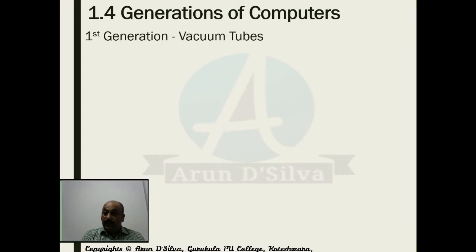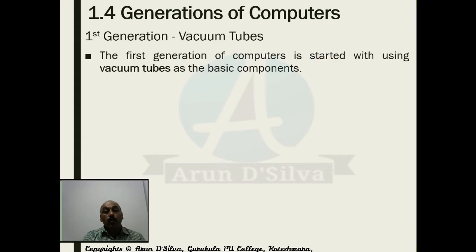In the first generation, as I told you, they mainly used vacuum tubes for switching circuits, and they used magnetic drums for storing memory. That means to manufacture the basic components of the computer, they used vacuum tubes.